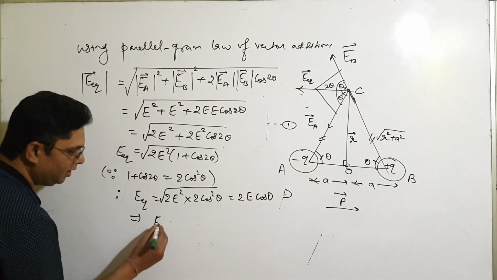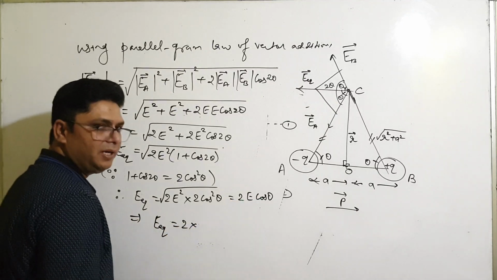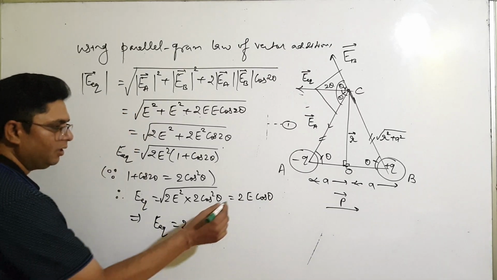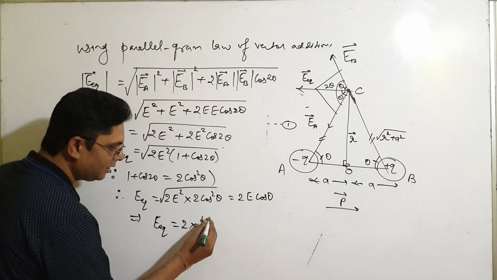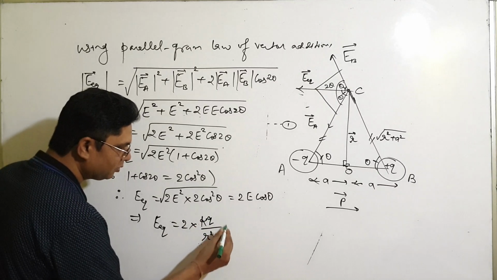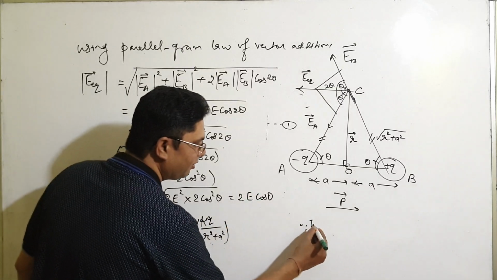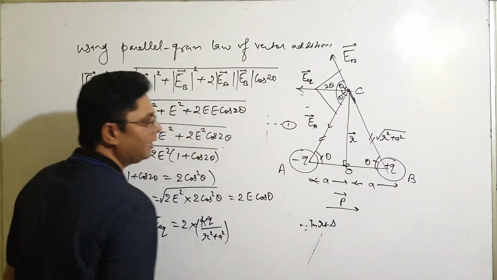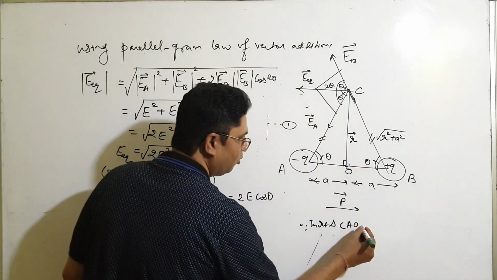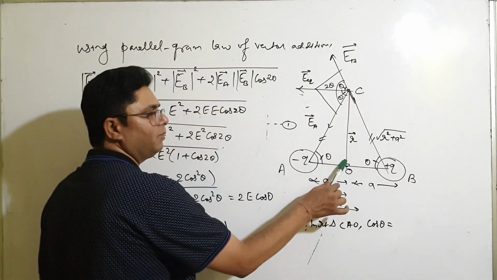So you have E equatorial is equal to 2 into the value of E, which can be written from equation 3, and the value of E is KQ upon R square plus A square. And the value of cos theta, here you have in right triangle CAO, cos theta is equal to base by hypotenuse.